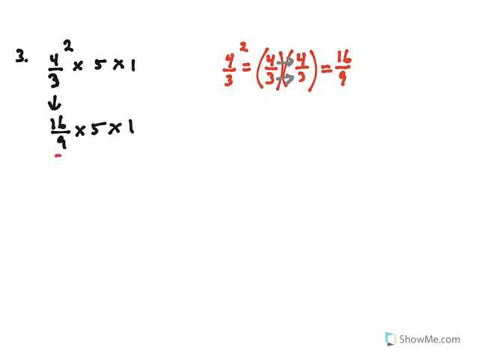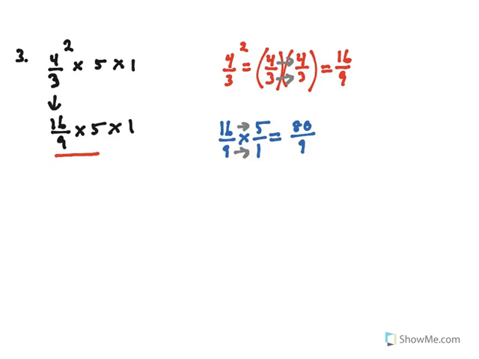Okay, left to right. We have 16 over 9 times 5 over 1. And then nothing cross cancels, so I'm just going to multiply straight across, just like that. All right? And so when we do that, okay, 16 times 5 is 80 over 9.